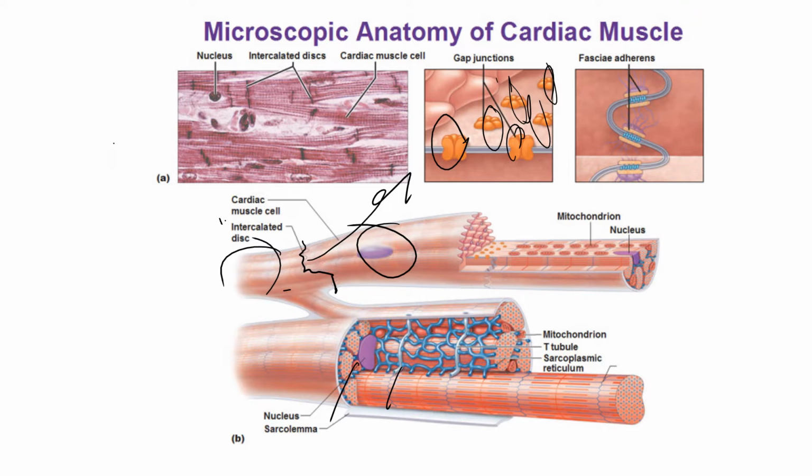The plasma membrane, called the sarcolemma, actually moves into the cardiac muscle fiber and runs down approximately near the Z disc. And where the plasma membrane moves into the cardiac muscle fiber is called the T-tubule, just like in a skeletal muscle fiber. And what exists on the left and right side of the T-tubule within the cardiac muscle fiber?